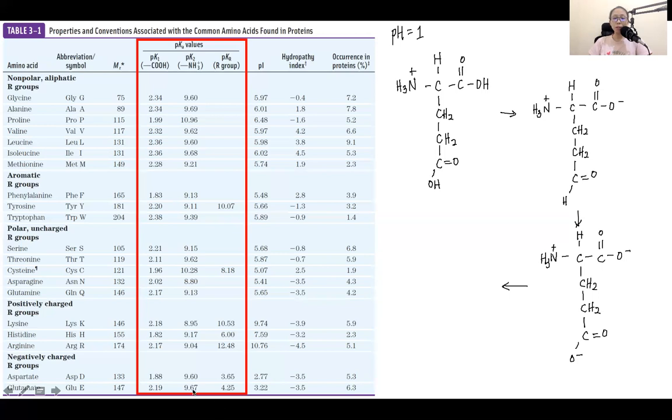We reach a pH of 9.67. At this pH, half of the molecules are still in this form, while the other half have their protons in the amino group removed. So we have this structure for half of the molecules.